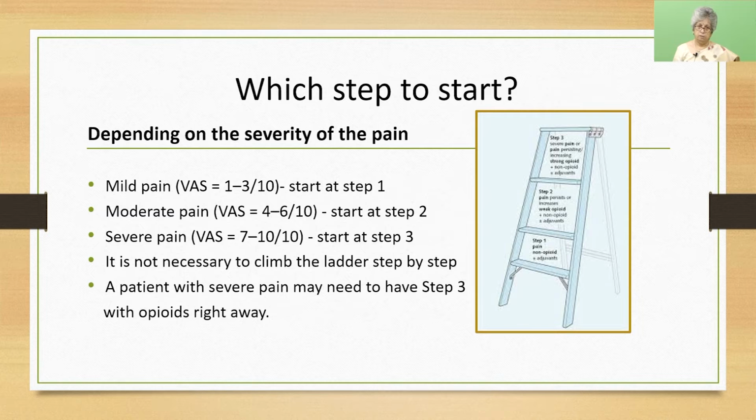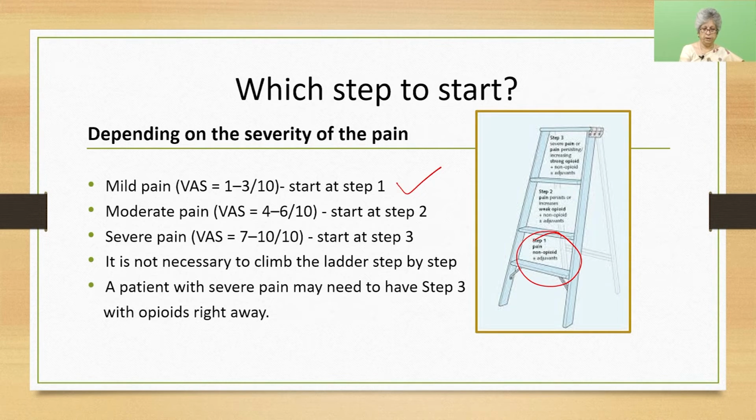So, which step will you start first in cancer pain? If your cancer patient is having pain, you start the drug as per the severity, as I said. For mild pain, where the VAS score is 1 to 3 out of 10, you start step 1.